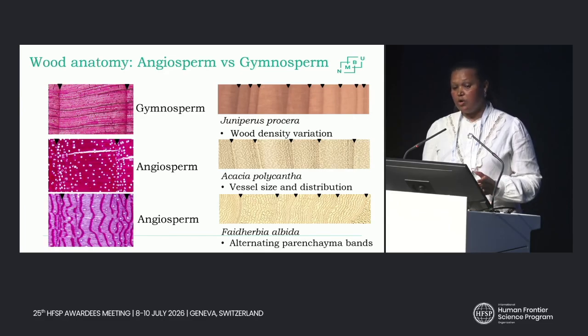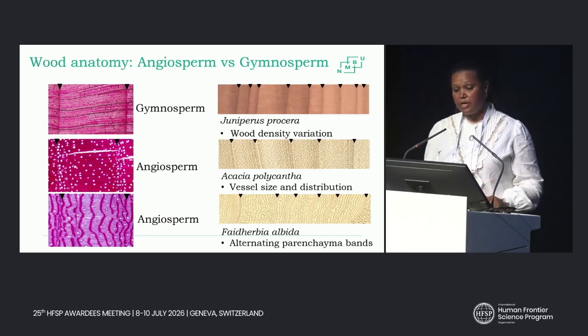Another challenge is the wood anatomy of flowering versus non-flowering species. In non-flowering species, like coniferous species, as you can see in the above image, tree ring detection and characterization is relatively straightforward. But in flowering species, like you see in the second one, the indicators or markers are usually not wood density variation or contrast as in coniferous species, but mostly vessel size and distribution.